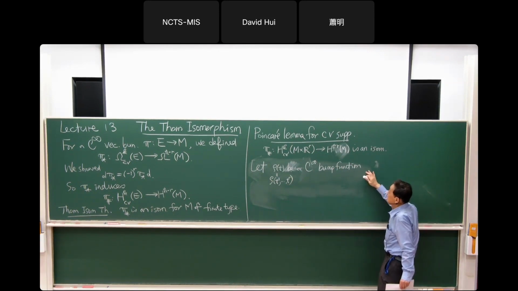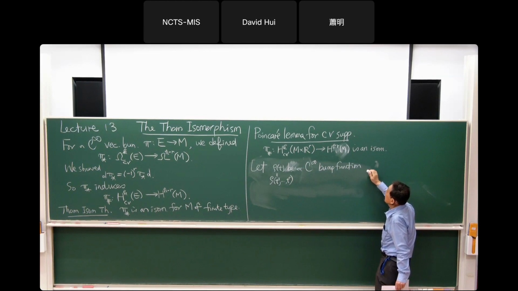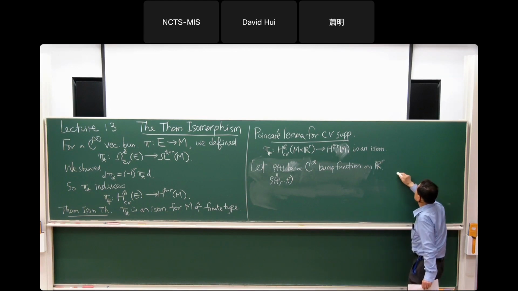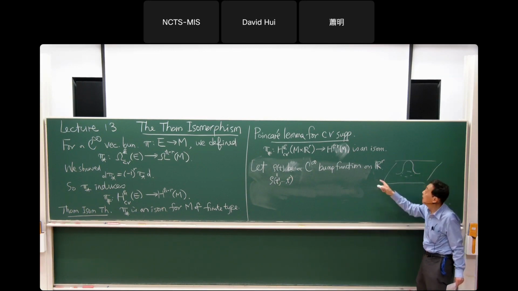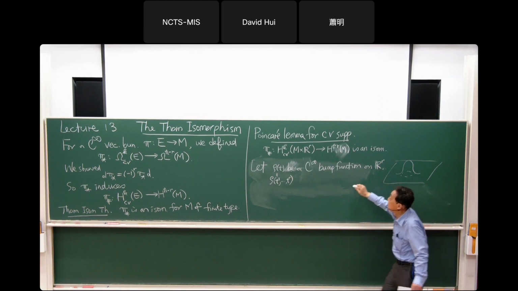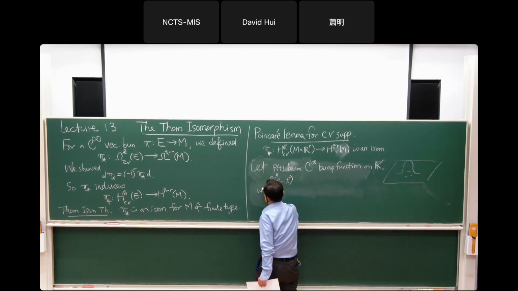So let it be a C infinity bump function on R to the r. Okay? So that means it looks like this. It has a graph that looks like this. And we want the integral to be 1.